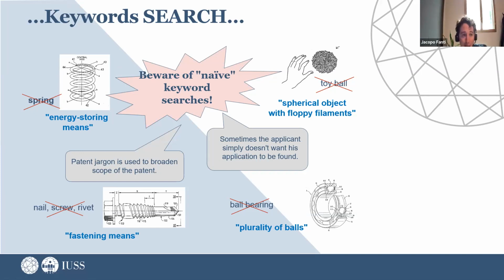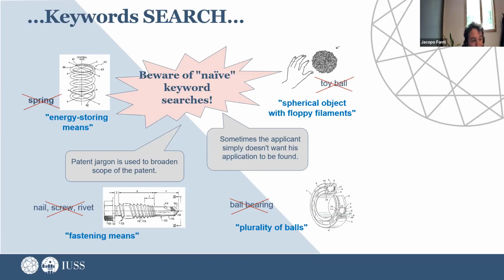If I write my patent application using these broader terms, I can also protect more than one product. So in order to launch a correct search, beware of naive keyword searches, because patent jargon is used to broaden the scope of the patent, and sometimes the applicant doesn't want to be found.